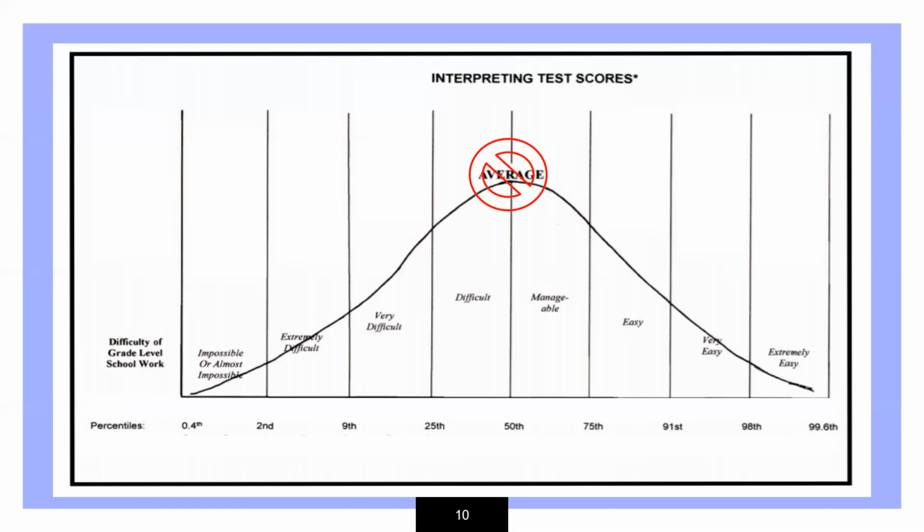Let's say a third grade student takes a norm reference test, and they earn the 65th percentile rank. Basically, what this means is that this third grader scored better than or equal to 65% of all the third graders within this norming sample.